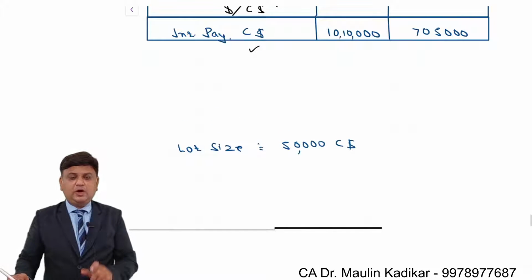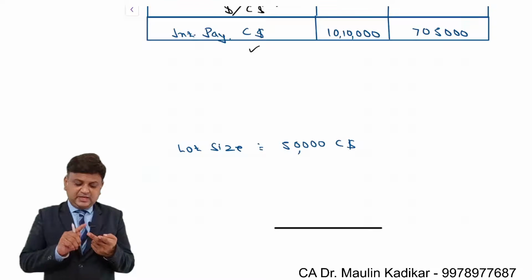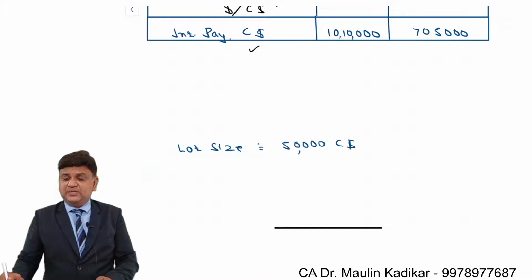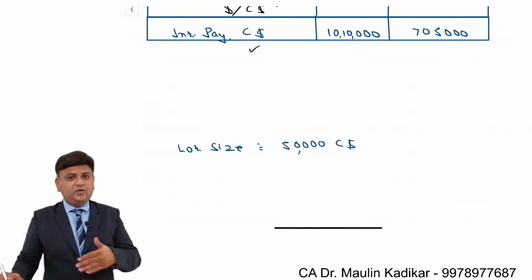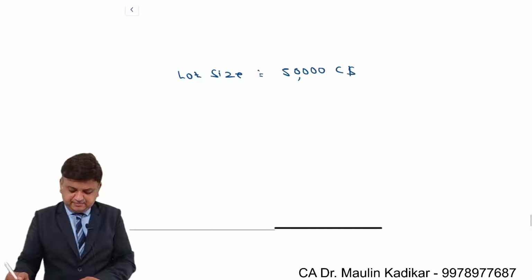As far as the option contract is concerned, information is given to us regarding exercise price, regarding premium, and one more important information given this time is the lot size. With the introduction of the lot size, how we are required to calculate the answer, that we are going to discuss in some time.